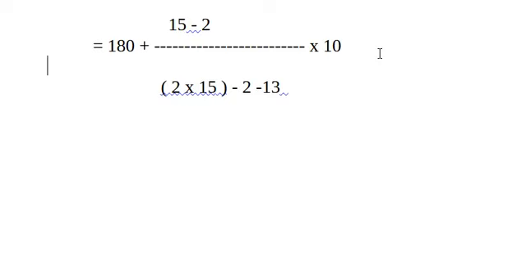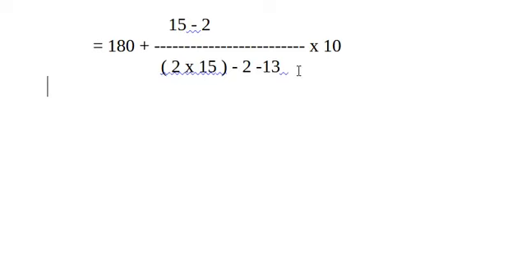So 180 plus, here I am getting 13, multiplied by 10, and here 15 into 2 is 30, minus 2 is 28, minus 13 is 15.